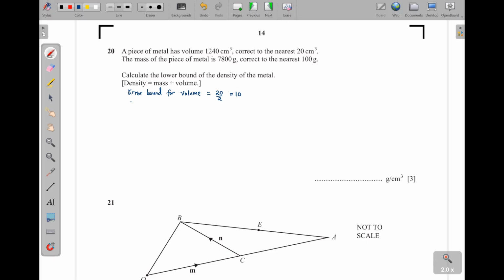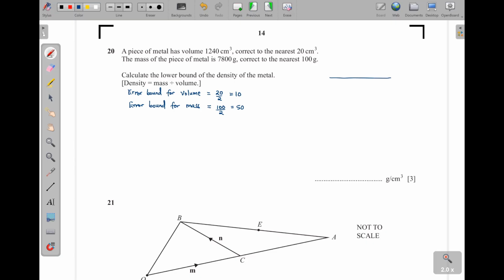And also the error bound for mass. This one is equal to 100, then we divide by 2, which is 50. Why are we dividing by 2?